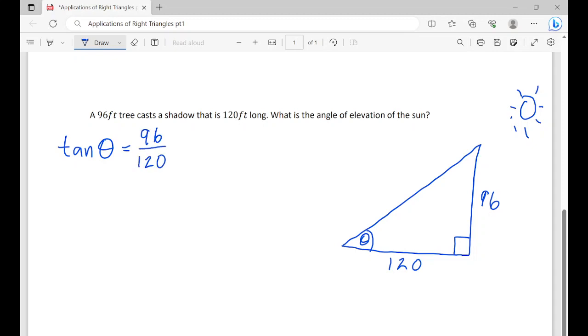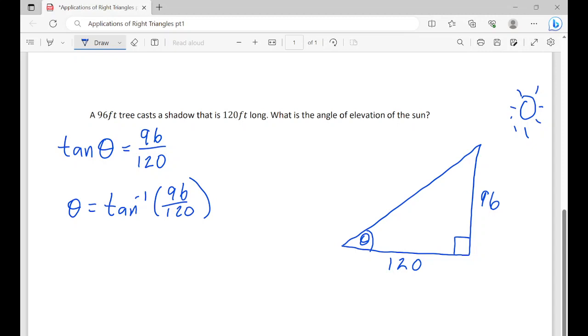Now I need to solve for theta. The only way I can do that is to take the arctangent of both sides. The tangent over here cancels out, leaving me with just theta, and over here I'm going to have arctangent of 96 over 120.